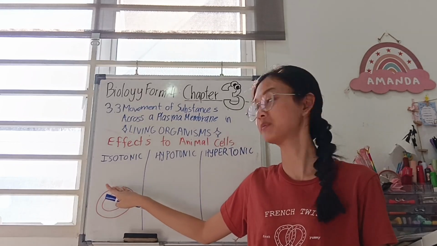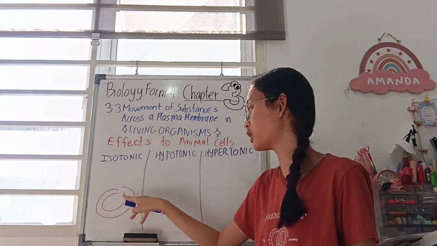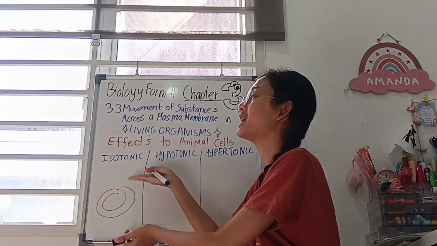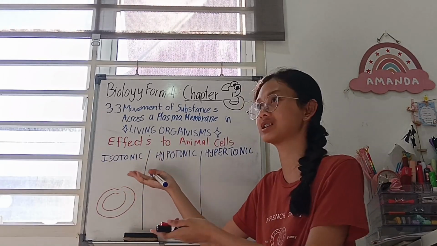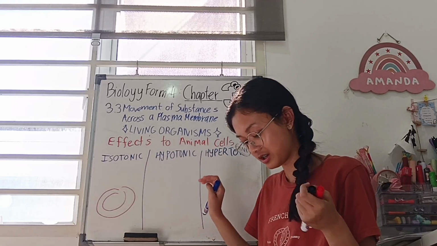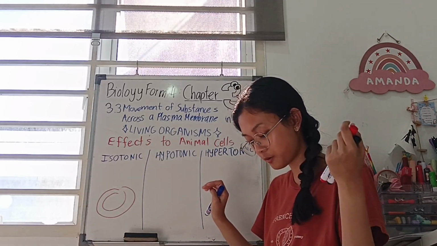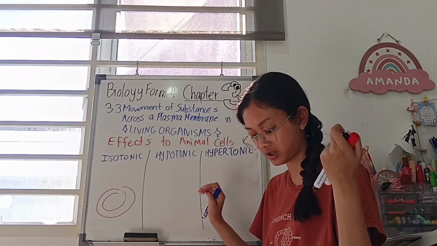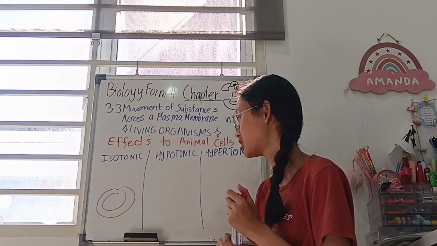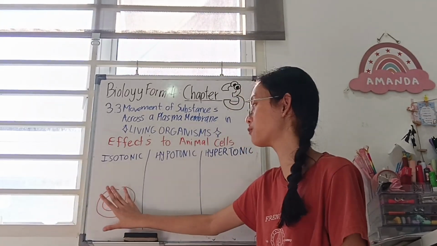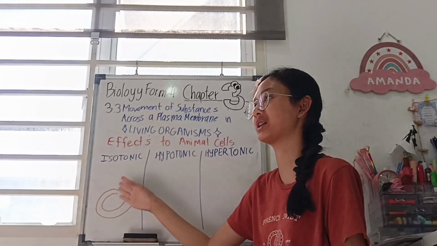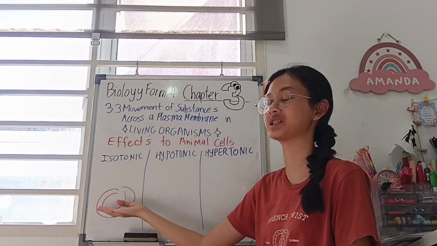So the water in the extracellular and the water intracellular will diffuse in and out the same, because it's isotonic, same concentration. So there is no net movement of water across the plasma membrane, and the cell maintains its normal shape. It won't change shape. It will be like a healthy normal cell.